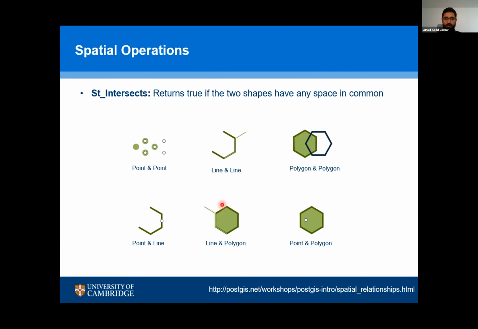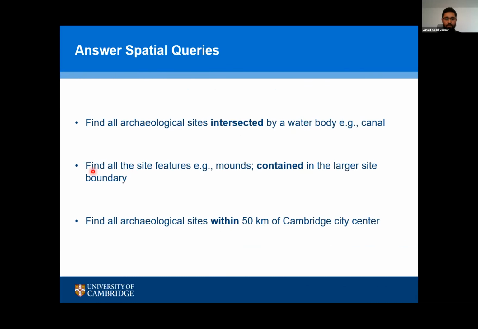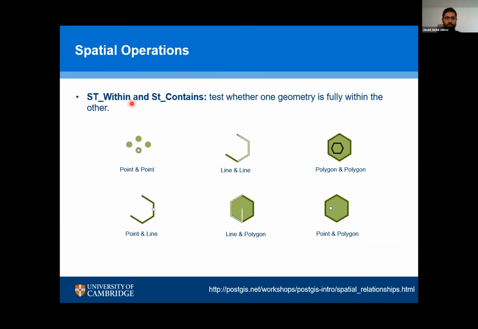So for our second case, where we say find all the site features, for example, mounds, that are contained in the larger site boundary, we have spatial operations known as ST_Within and ST_Contains that test whether one geometry is fully within the other geometry.